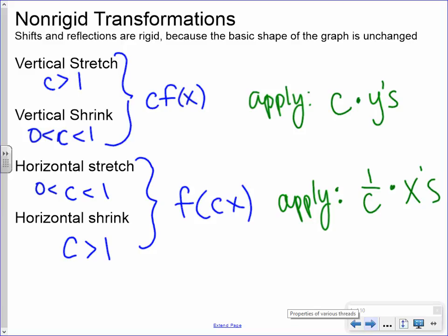Since horizontally it's affecting the X values. What's your question? Never mind. I was confused, but I got it now. Are you sure? Yeah. Okay.